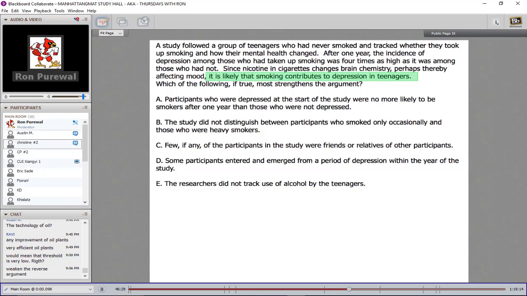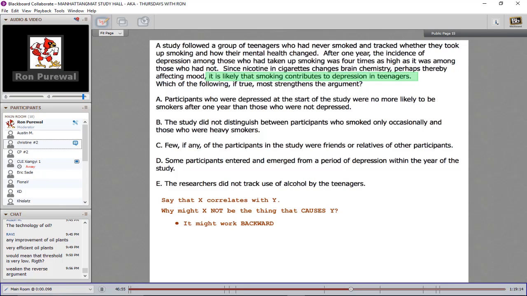Let's say that X correlates with Y. Why might X not be the thing that causes Y? Well, it might work backwards.